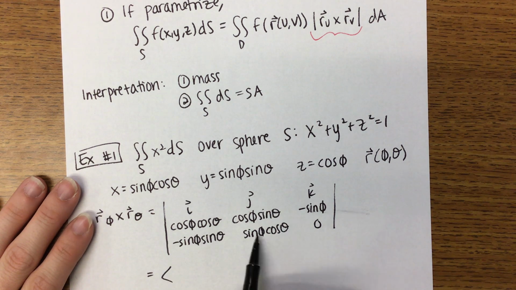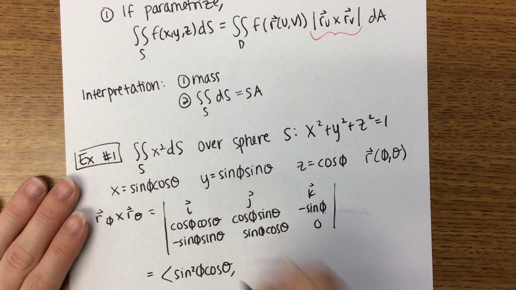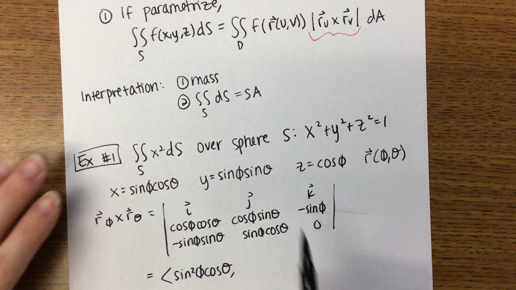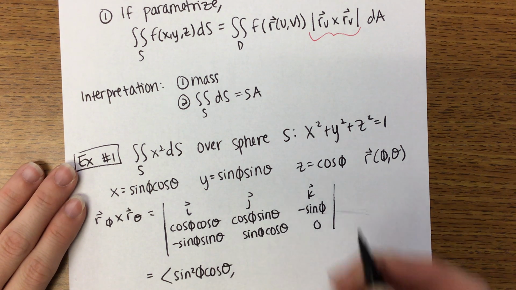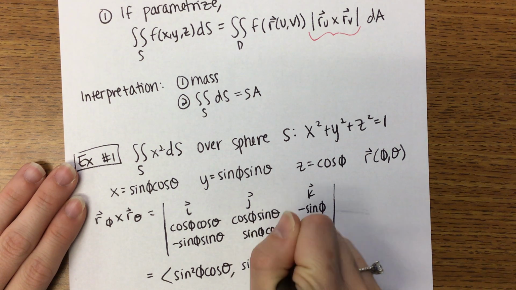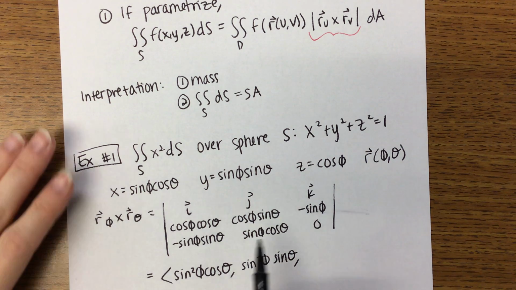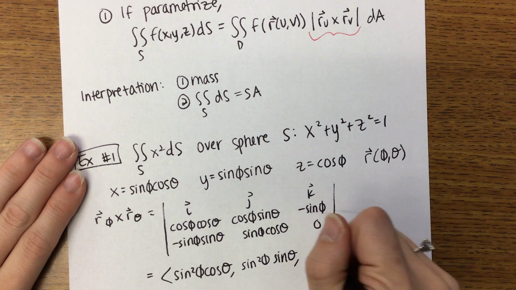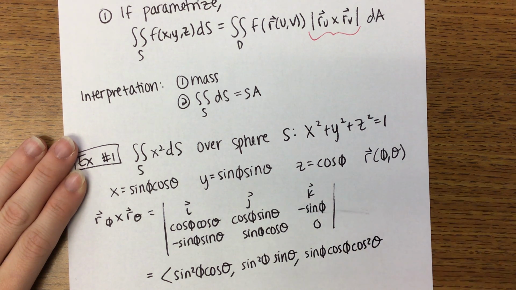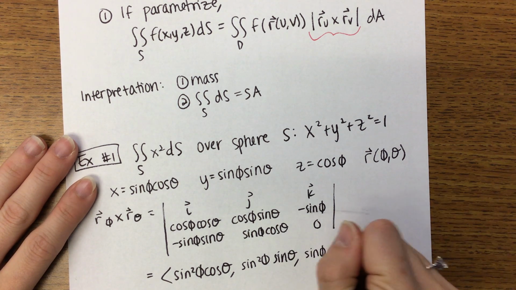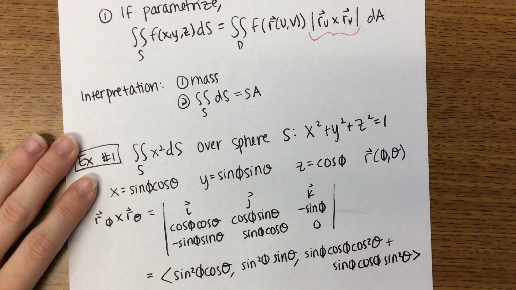Okay, so we get 0 minus negative sine squared phi, so we get sine squared phi cosine of theta. The next one we get 0 minus, but then we have to flip the sign because it's the middle term. So we get sine squared phi sine of theta. In this last term, we get sine phi cosine phi cosine squared theta plus sine phi cosine phi sine squared of theta.